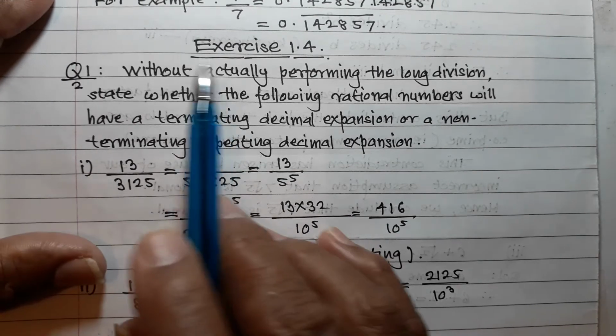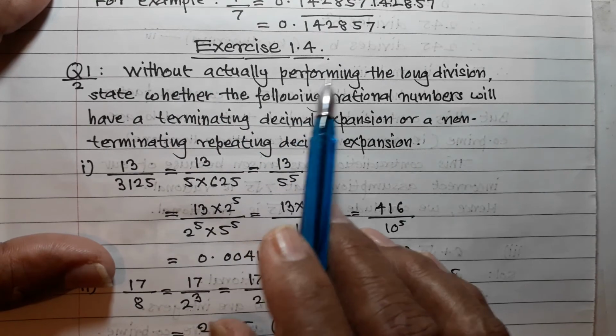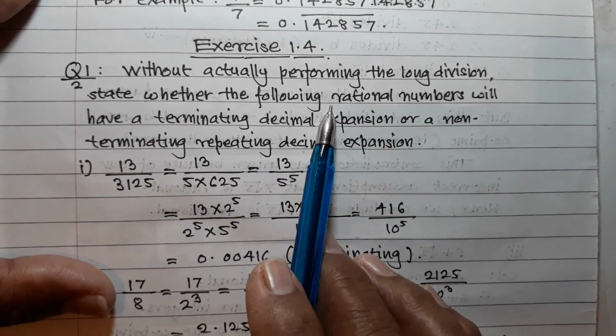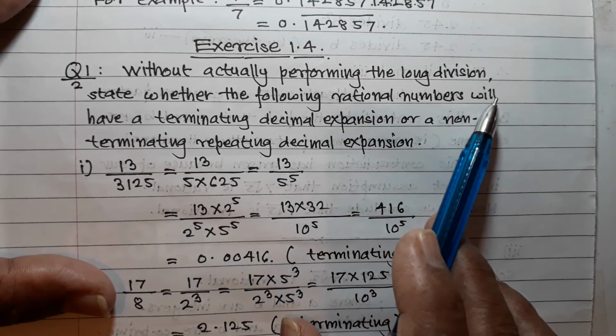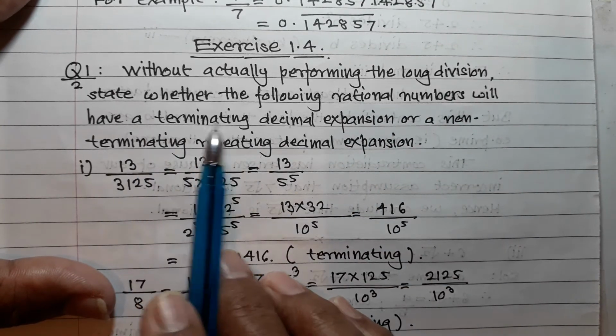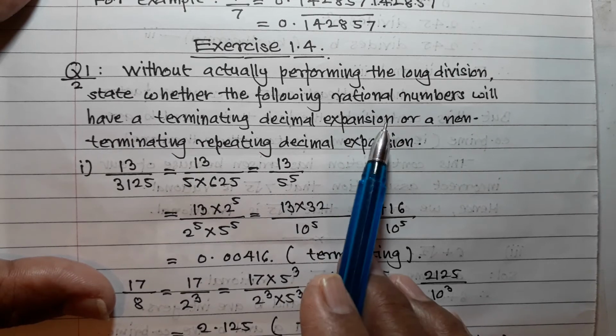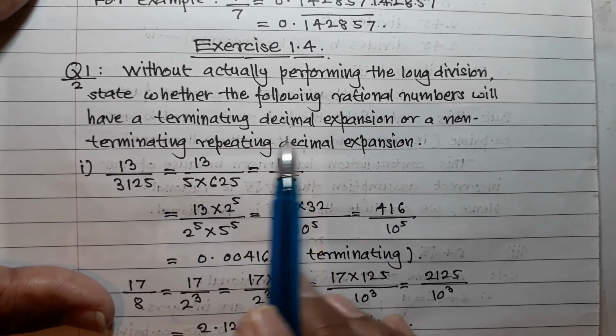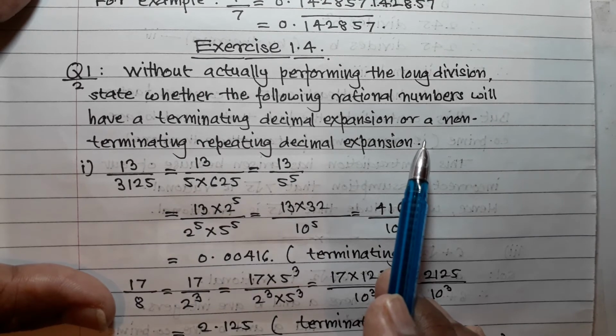Okay, without actually performing the long division, state whether the following rational numbers will have a terminating decimal expansion or a non-terminating repeating decimal expansion.